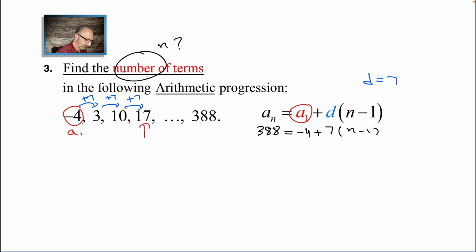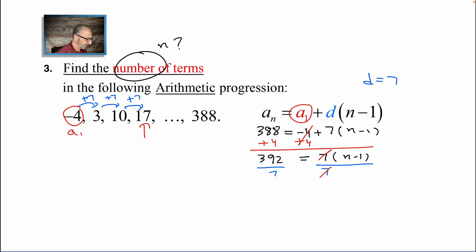We're going to add 4 to both sides. This cancels. And I have 392 equals 7 times n minus 1. Then I'm going to divide by 7, trying to reach out to the n minus 1 or n. This cancels.